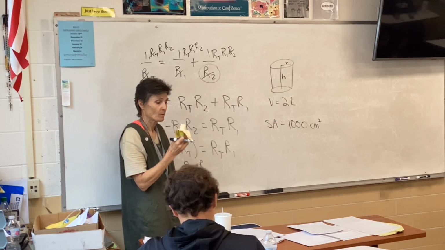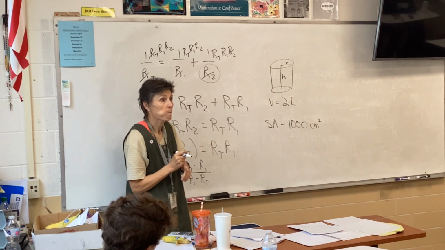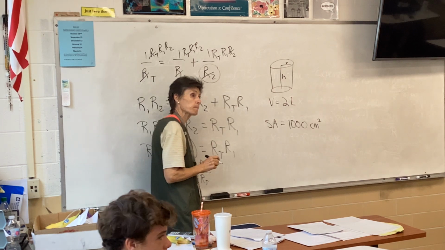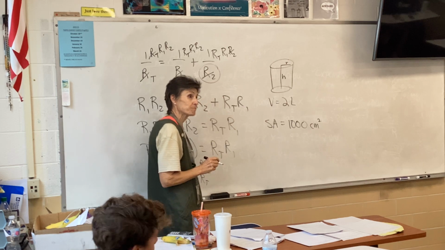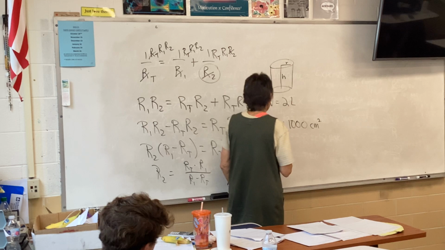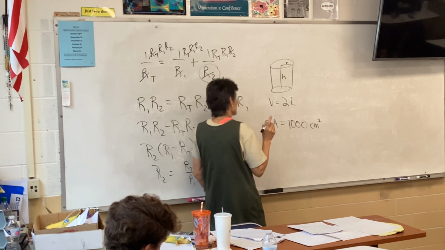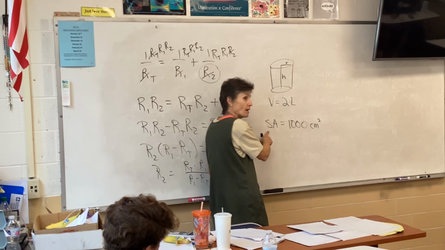George? We can do 2 pi r squared plus the x. You can draw a net and then add the circles together and then do the rectangle and have it all equal 1,000. Okay, so what George is saying, you're talking about surface area, right? Yes.